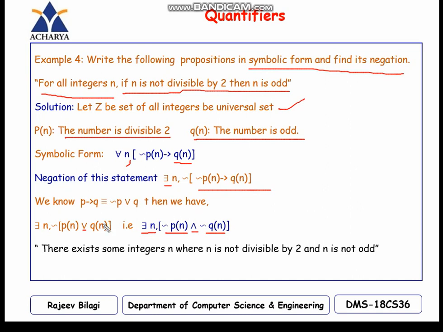So with this statement, what can I write? There exist some integers n where n is not divisible by 2 and n is not odd. So this is how we can write some of the statements.